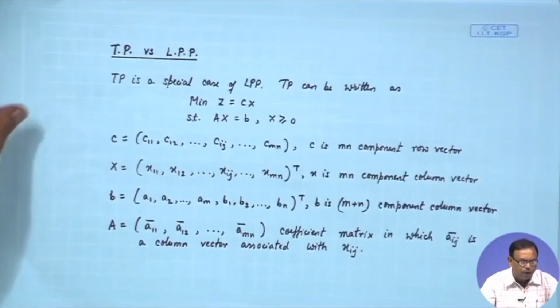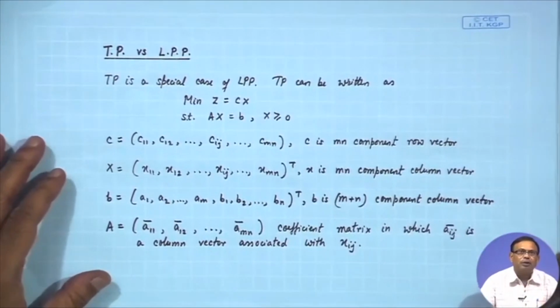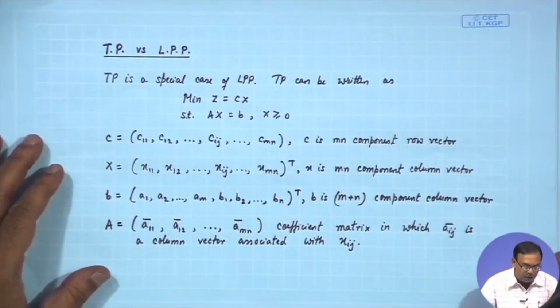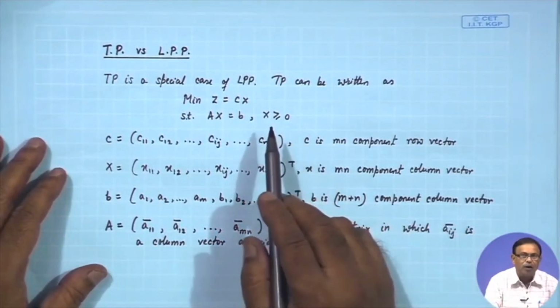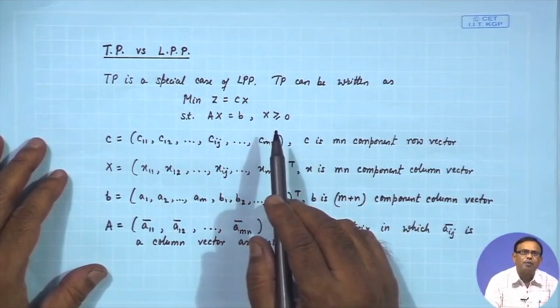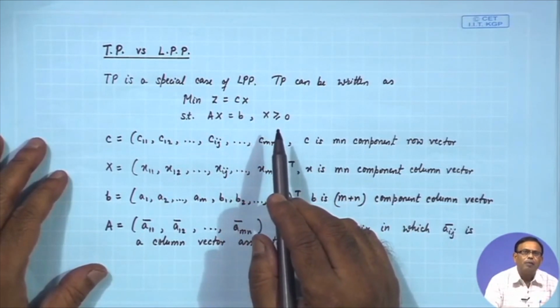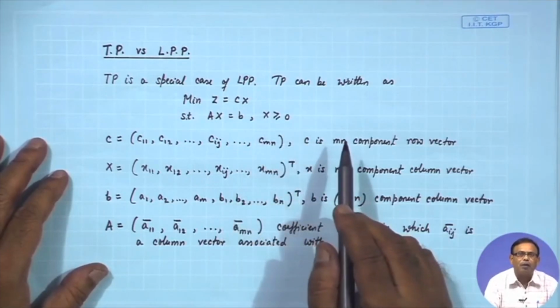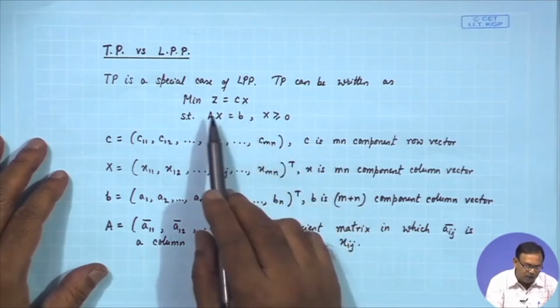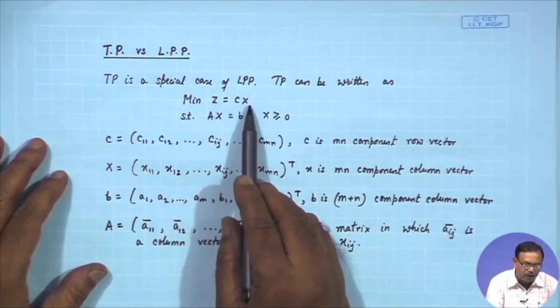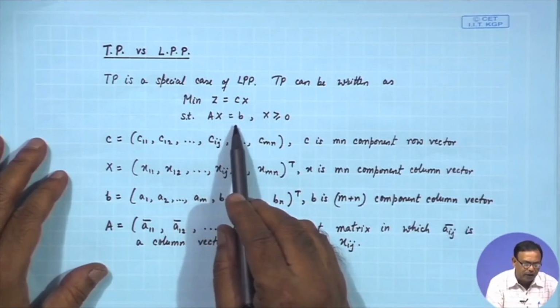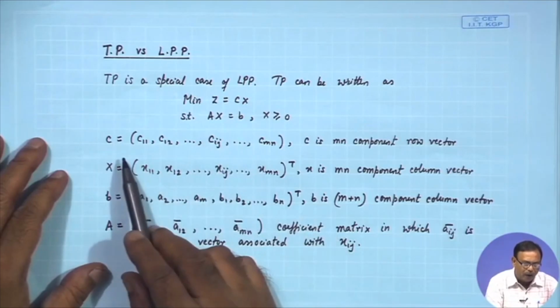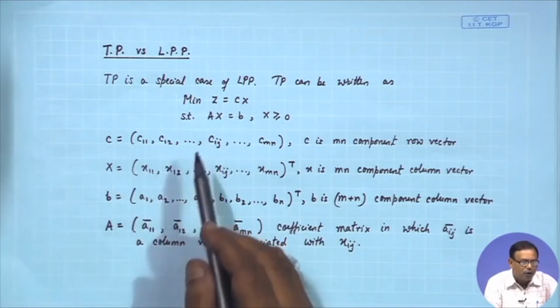Now if you think of the transportation problem versus the LPP, as I told you earlier, the transportation problem is a special case of LPP, the linear programming problem. In that case your transportation problem can be written in this form: minimize z equals cx subject to ax equals b. What is c? C is your coefficient matrix, this one.